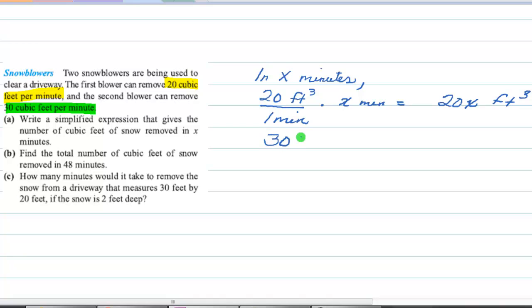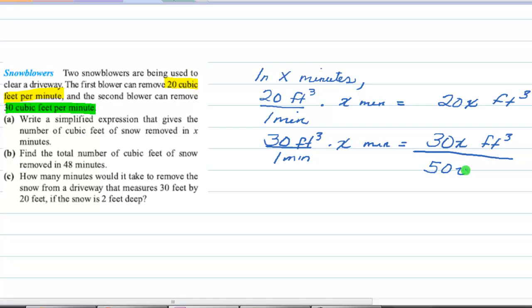The second blower removes 30 cubic feet per minute. So in 1 minute it removes 30 cubic feet multiplied times X minutes, and that gives us 30x cubic feet of snow removed in X minutes by the second blower. And together, the 2 blowers, we will add these like terms. They can remove 50x, 50 times x, cubic feet of snow. So that's part A.